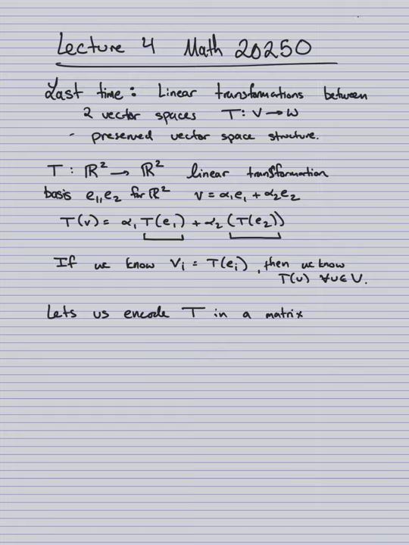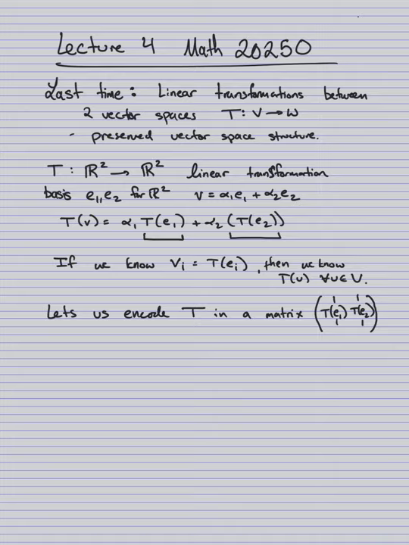So I will say what a matrix is just in a second. Essentially, it's an array of numbers, and the way that we write down the matrix is you let the columns of the numbers be the images of the basis vectors.